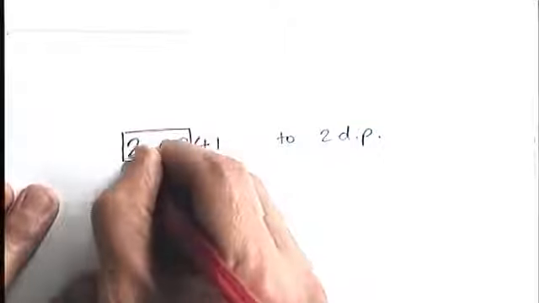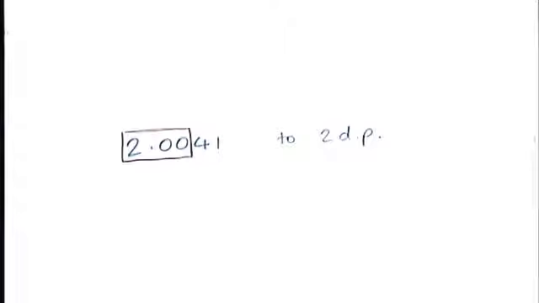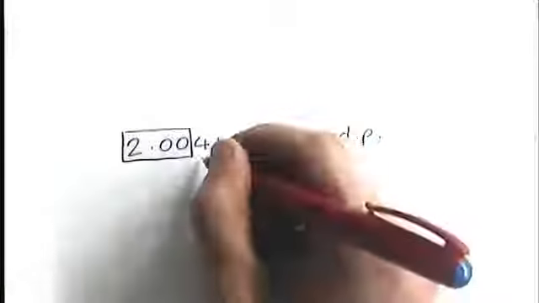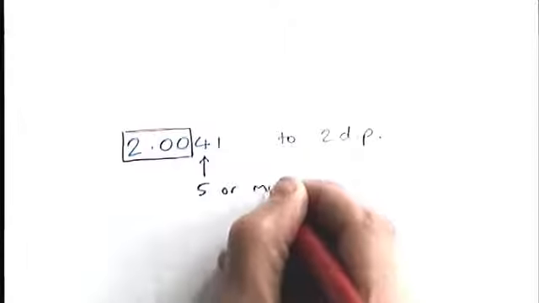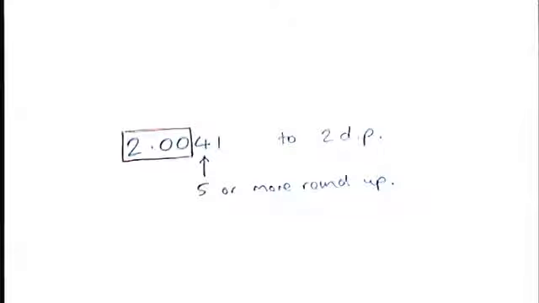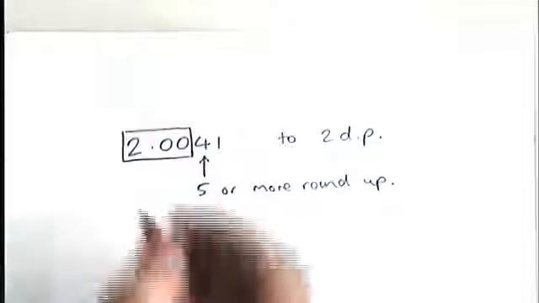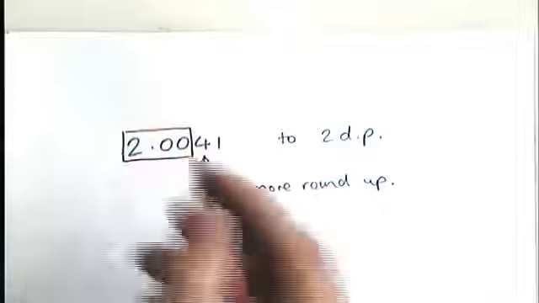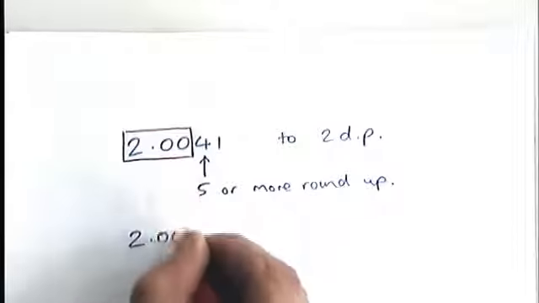So there's my 2 decimal places. If you check the next digit, if it's 5 or more, round up. Otherwise, just leave it as it is. Just leave the number in the box and the answer at 2.00.